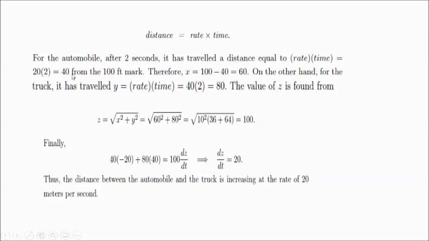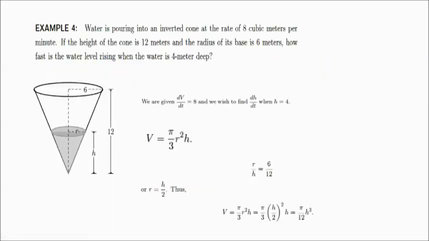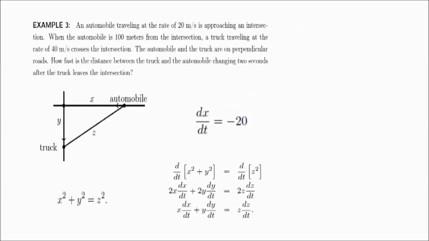So, 40. Ngayon, from the 100 meters mark siya, class, from the intersection. Kasi sabi dito, when the automobile is 100 meters from the intersection.